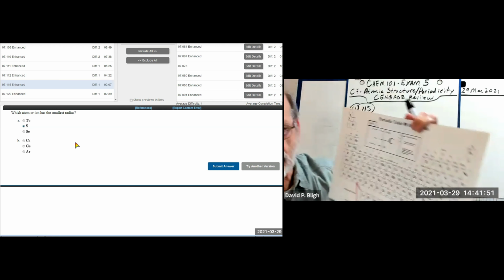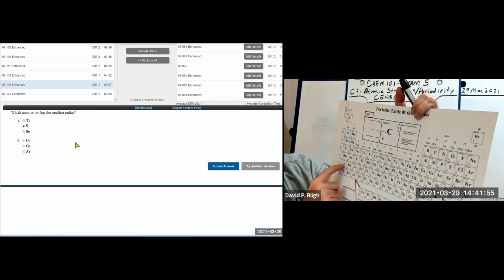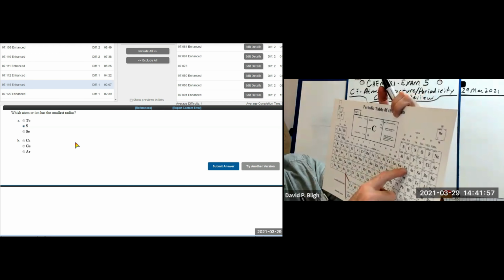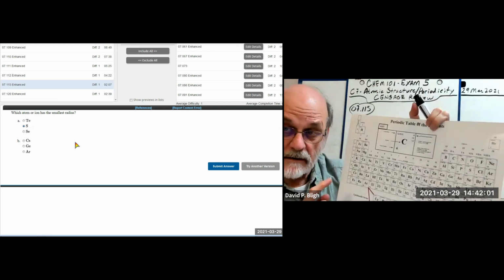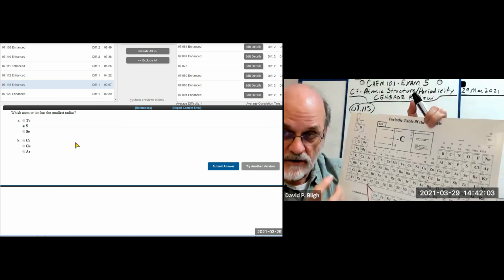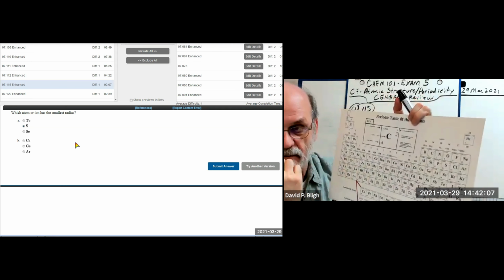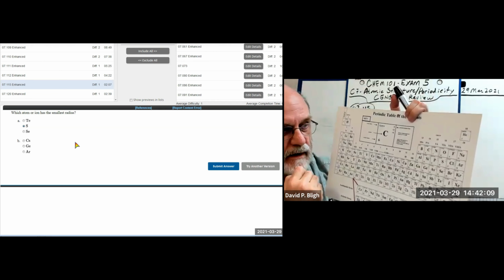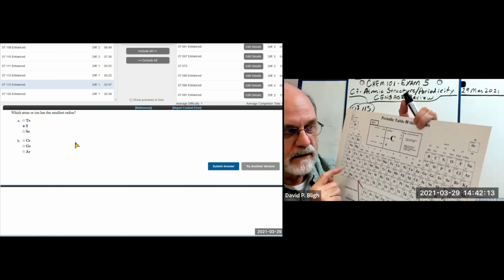How about cesium, germanium, argon? There's cesium, there's germanium, and there's argon. Now the size of each neutral atom would be smallest for argon. But what happens when you add an electron to argon?